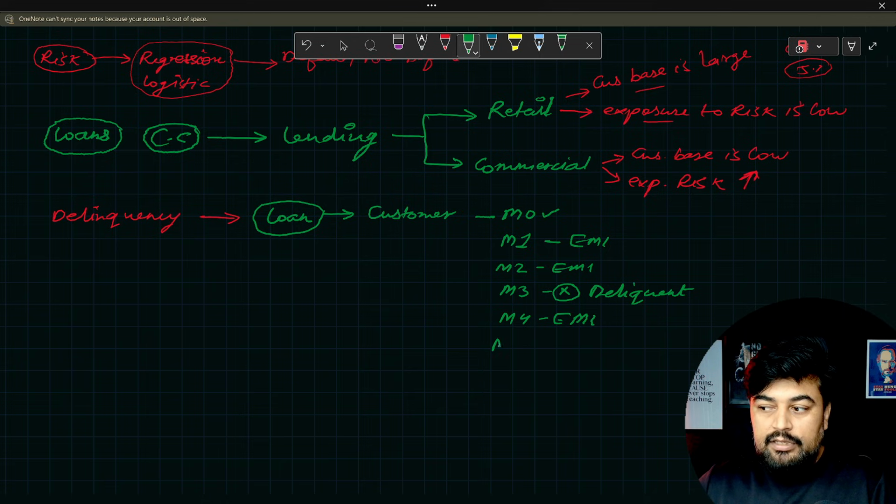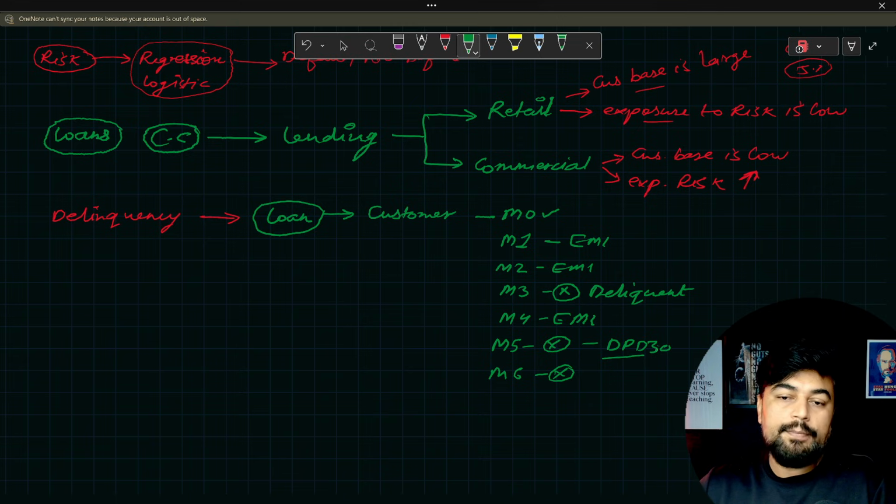Again, in month 5, he did not pay the EMI. He lost the job. Month 6 also, he could not pay. Now in month 5, he was delinquent, which we call DPD, days past due, only 30 days, because he did not pay the EMI for 30 days. By the end of month 6, he is DPD 60, because he did not pay the EMI for 60 days.